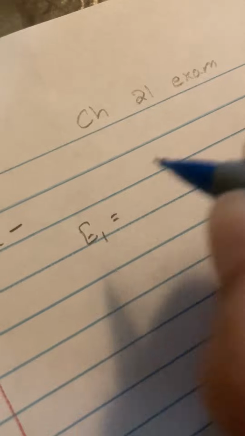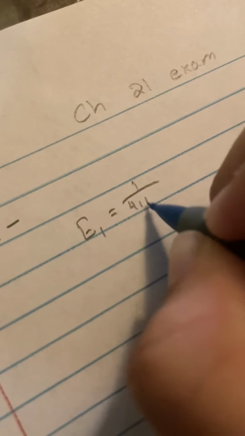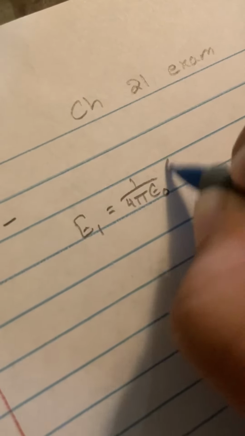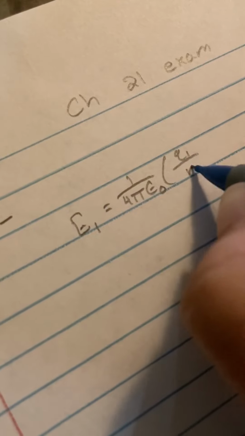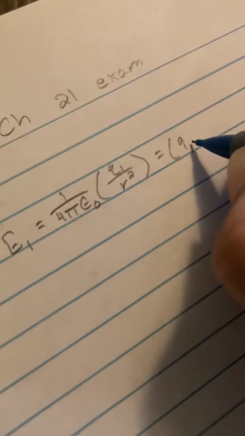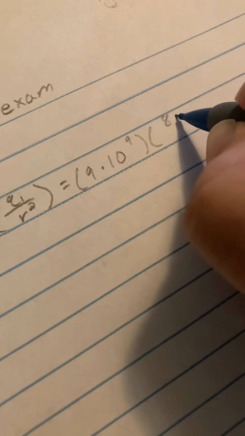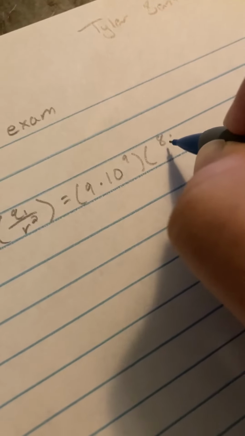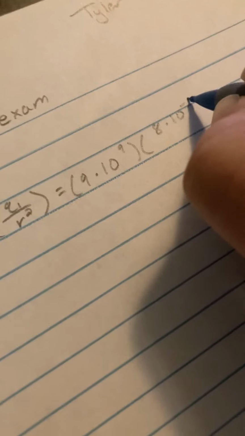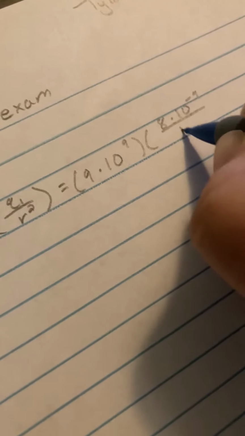So to find part A, we first need to get E1, which is 1 over 4 pi epsilon naught multiplied by Q1 over R squared, which will be equal to 9 times 10 to the 9th times 8 times, because it's measured in nC, I'm going to multiply it by 10 to the negative 9, so that way it converts to N over C, and then 16 squared.